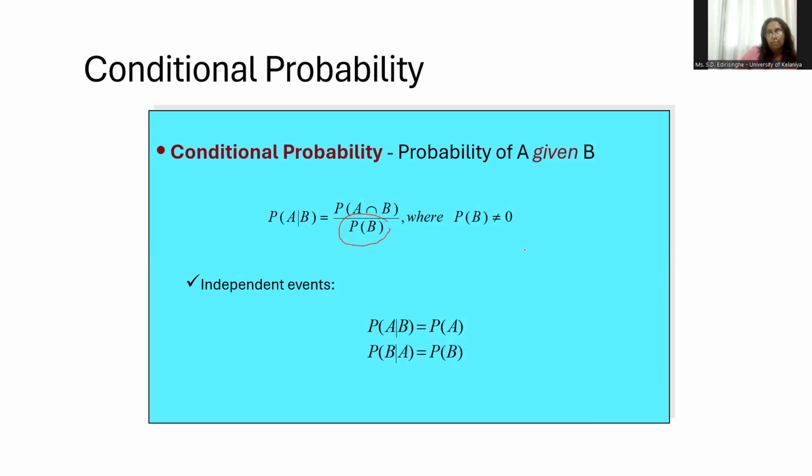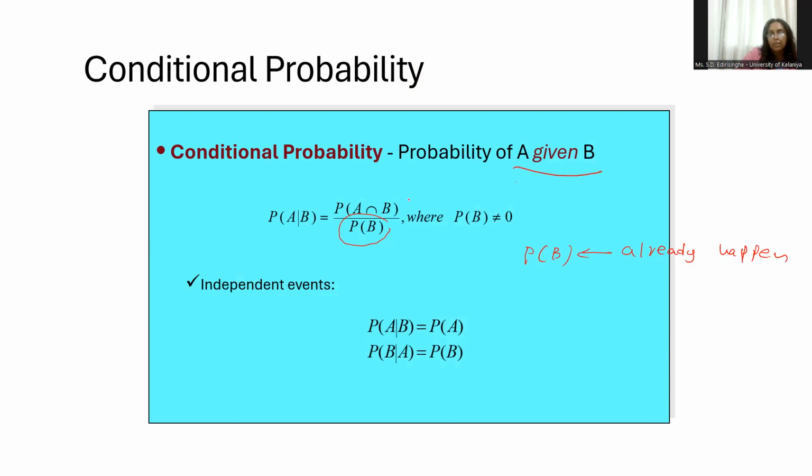Okay, B has already happened. So if B has already happened, how can we find A given B?